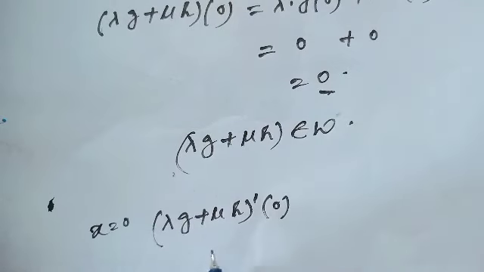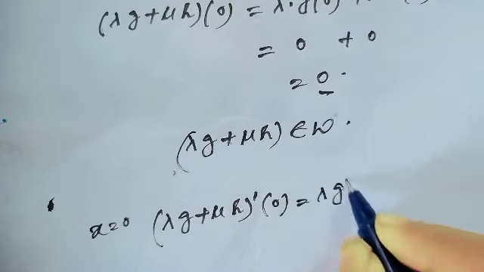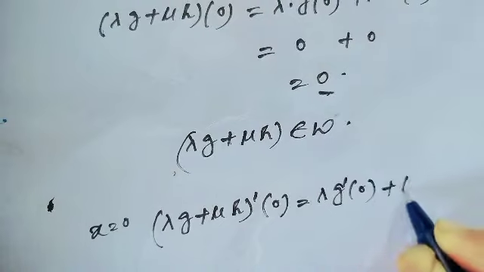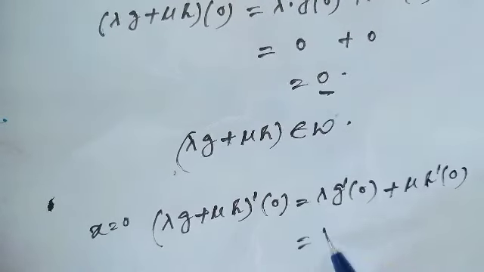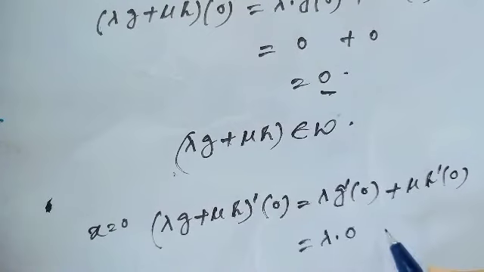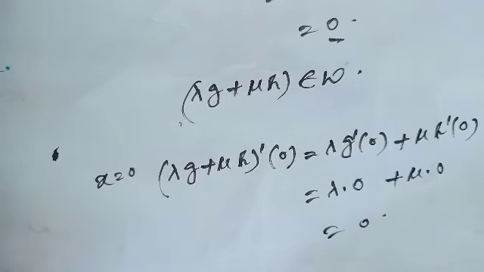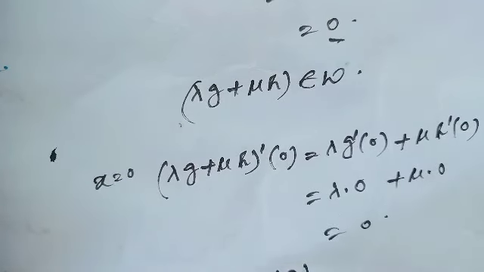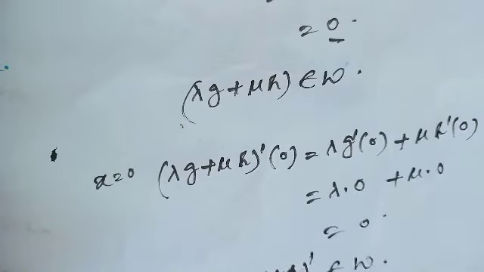That means lambda g plus mu h prime at the point 0 is equal to lambda g prime of 0 plus mu h prime of 0. And obviously this value is equal to 0, given, plus mu times 0, which is equal to 0. That implies lambda g plus mu h prime obviously belongs to the set W.